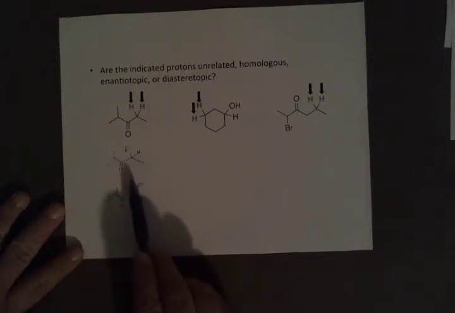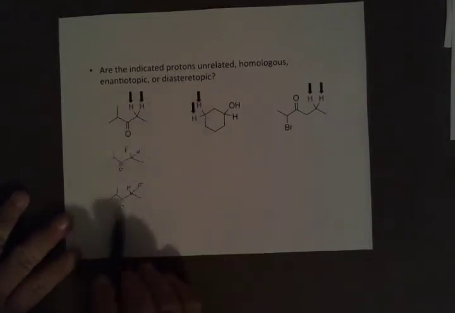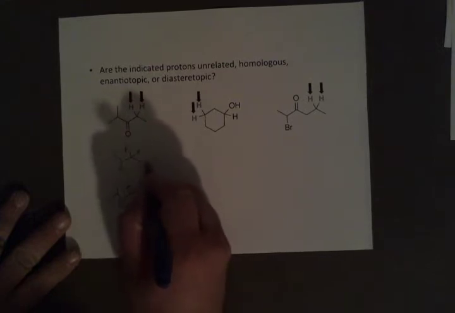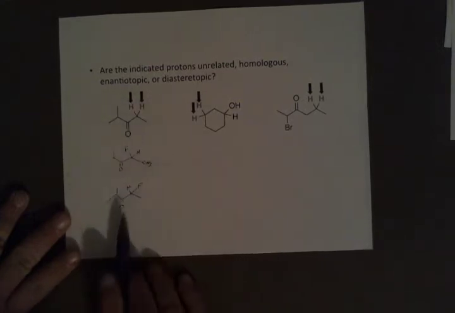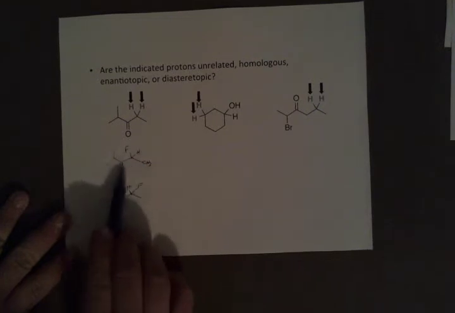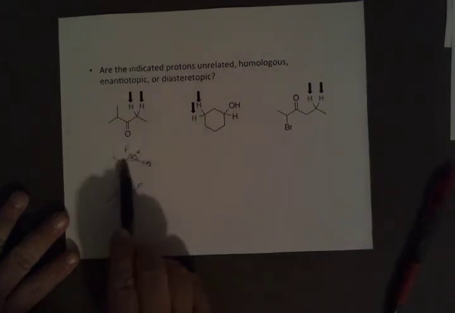So is there a chiral center here? Well, yeah, there is, because there's a CH3 there. So there's a fluorine, a hydrogen, a CH3, and then this big group right here. So there's at least one chiral center there. And is there a chiral center in the rest of the molecule? Well, there's not.